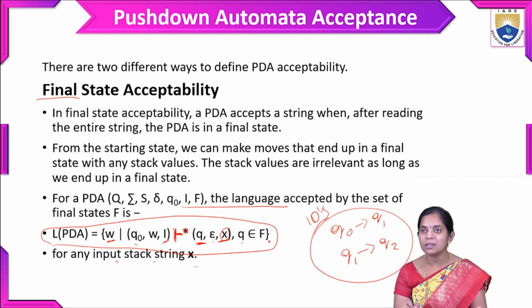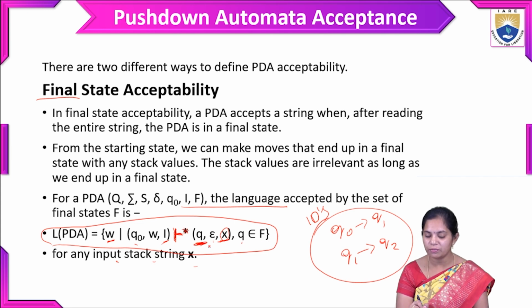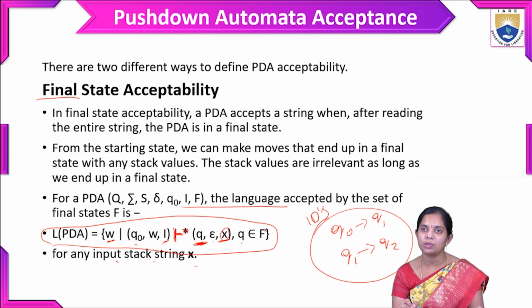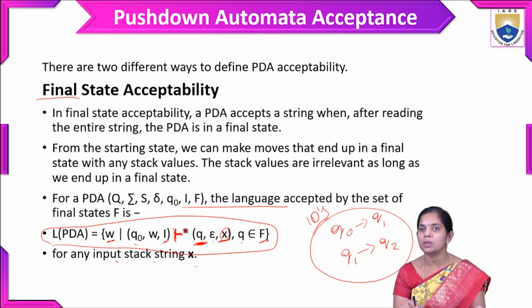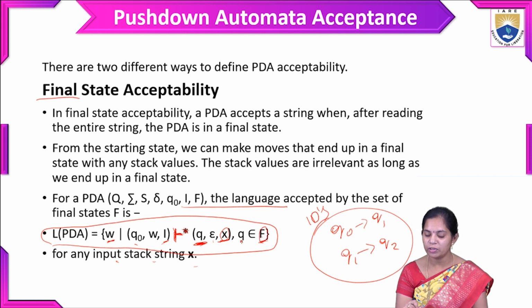Here the Q value differs from empty stack acceptability to final state acceptability. So here the Q belongs to F. So this is about the final state acceptability.